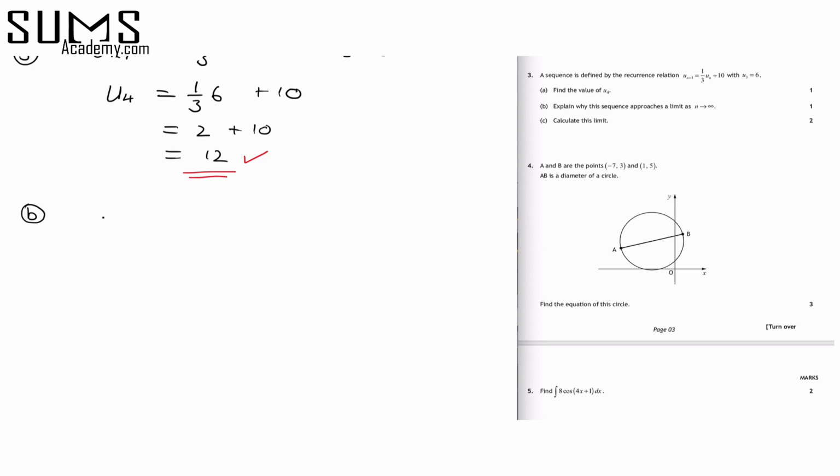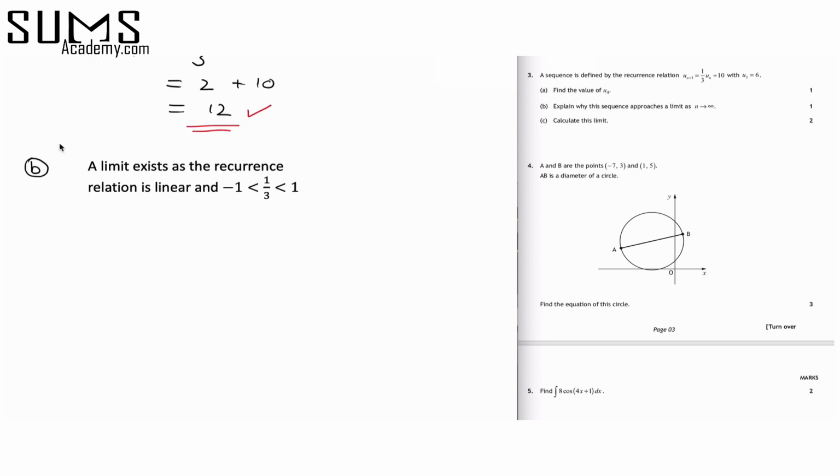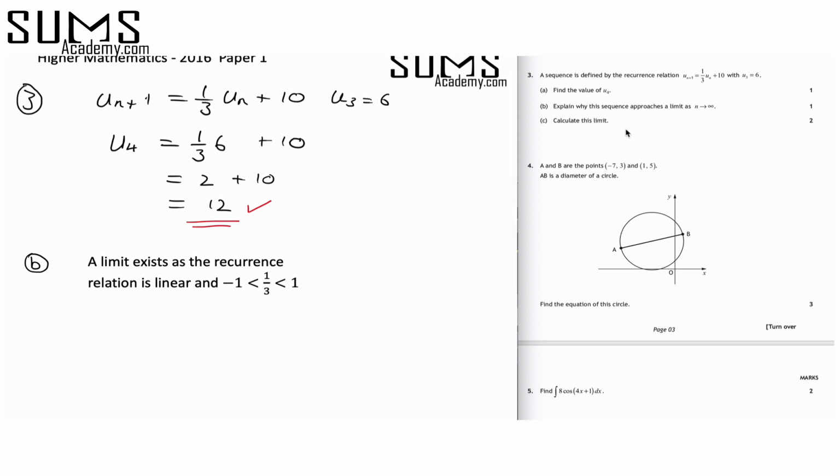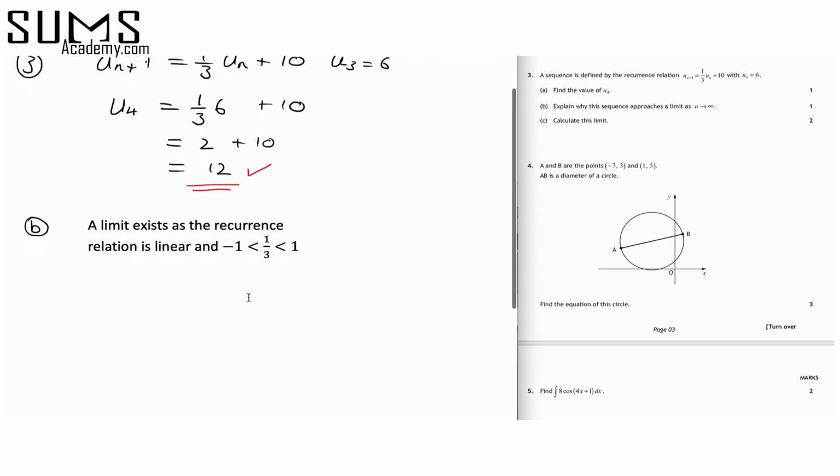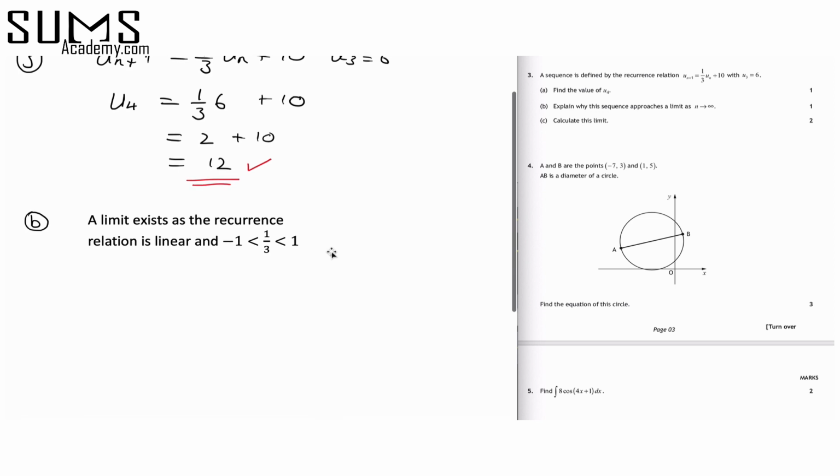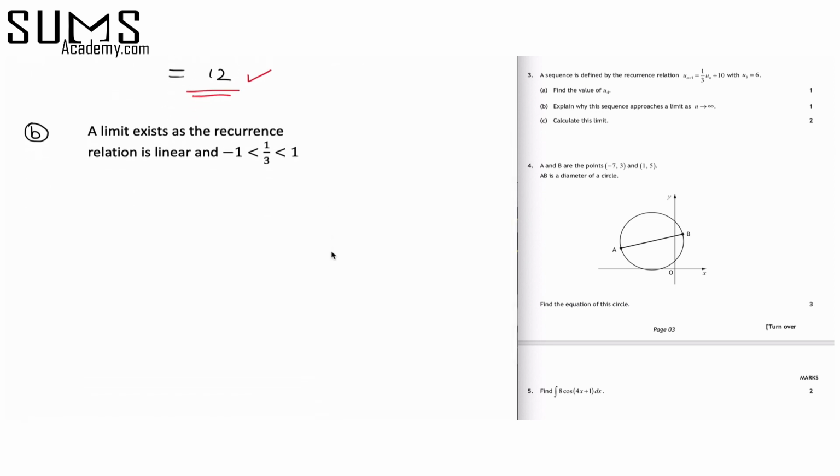So it's going to be something along the lines of a limit exists as the recurrence relation is linear, and this 1/3 term, which is in the expression, lies between -1 and 1. Therefore, a limit will exist.